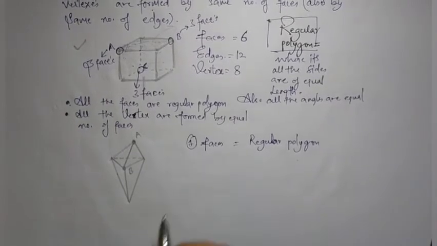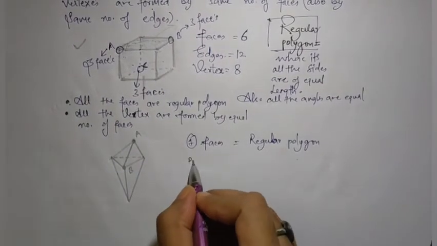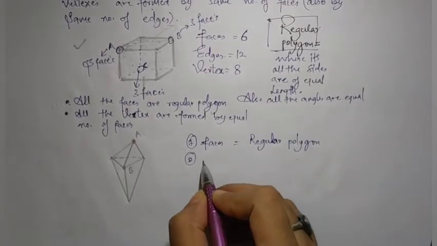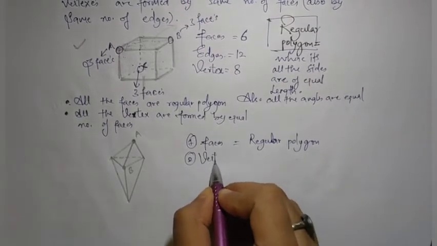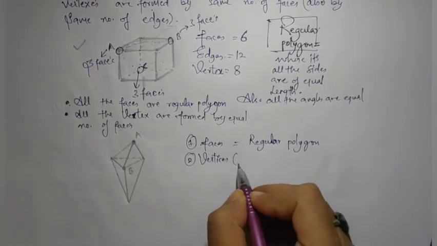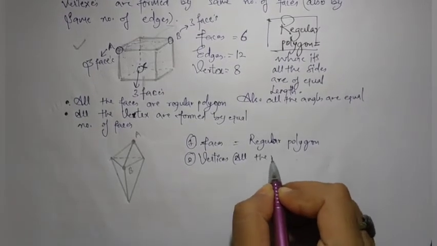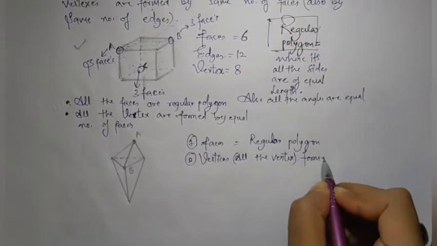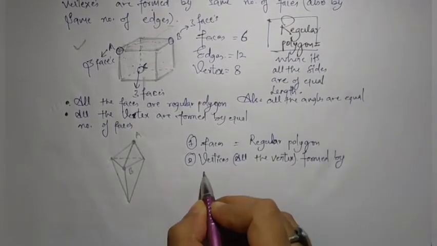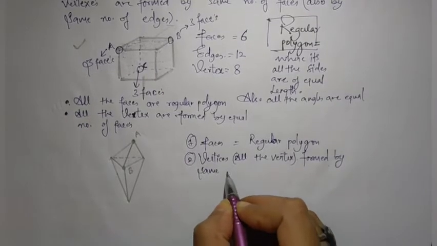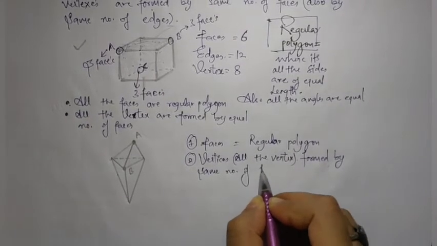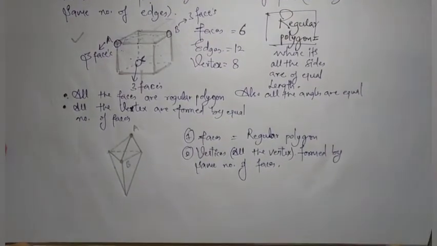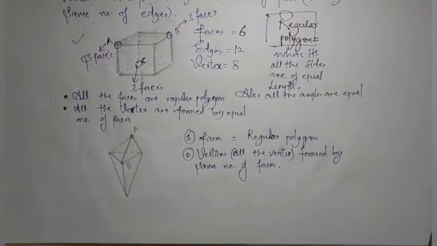This should be my first property, it should satisfy this one. Secondly, I should have all the vertices formed by the same number of faces.